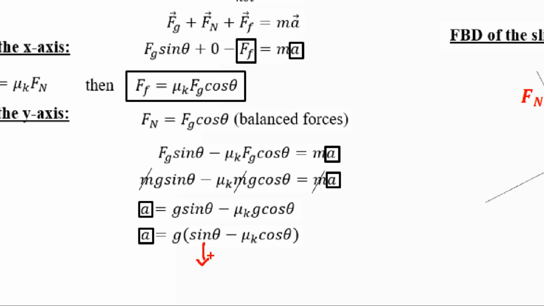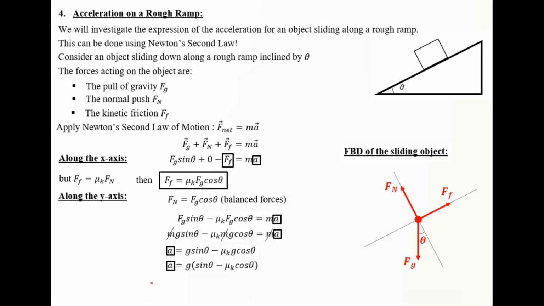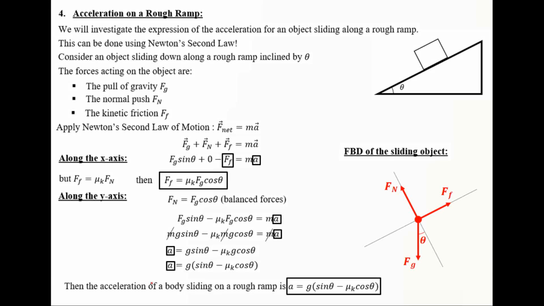Because this has no unit, this has no unit, and we know that the coefficients for friction, both types, are unitless, which means that this is meter per second squared as a dimension, which agrees with the unit of the acceleration. Then the acceleration of a body sliding along a rough ramp is given by g factored, sine theta minus mu k cosine theta.